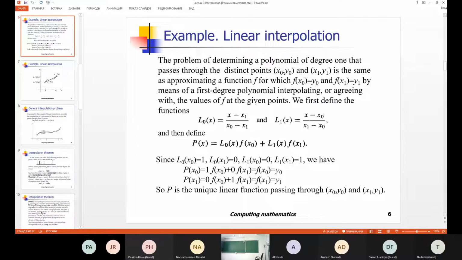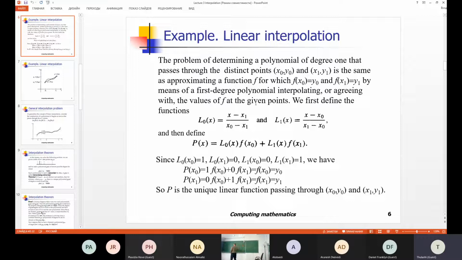I asked you to find the formula for the polynomial. The formula for how to find the value of the polynomial at any point using x. So these computations we perform just to compute the values at 2 points, x0 and x1.